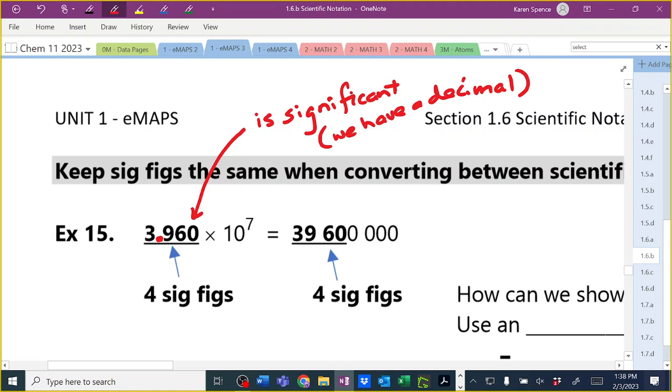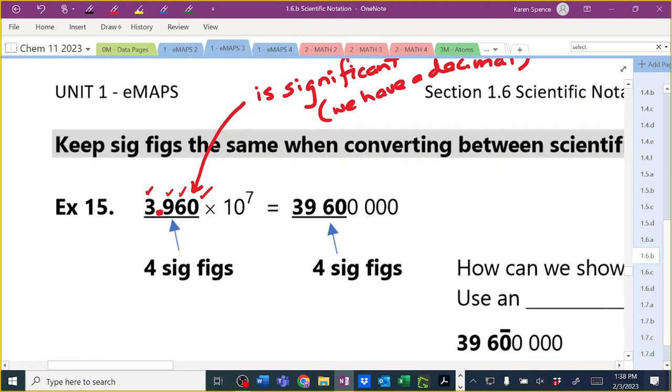So if we count our digits, we have 1, 2, 3, 4 sig figs. Now here's the problem. If we're going to move our decimal, 3.960, we go 1, 2, 3, 4, 5, 6, 7. Throw in those extra zeros there.